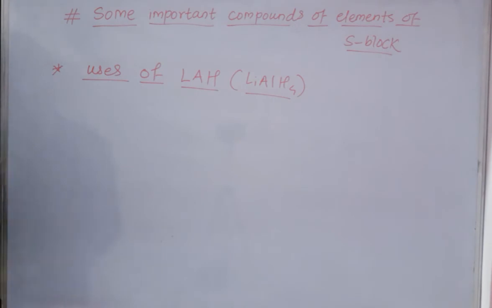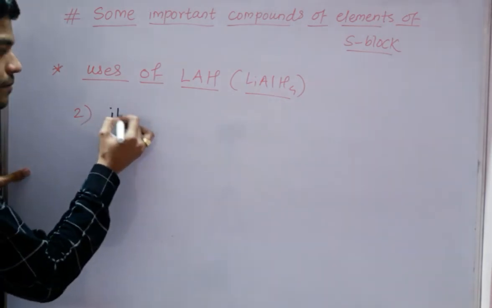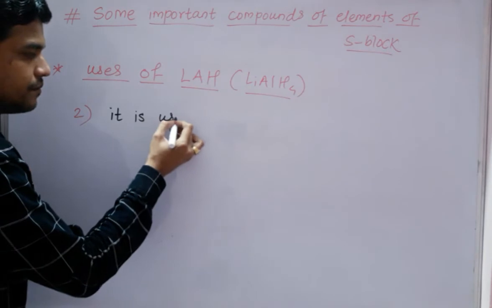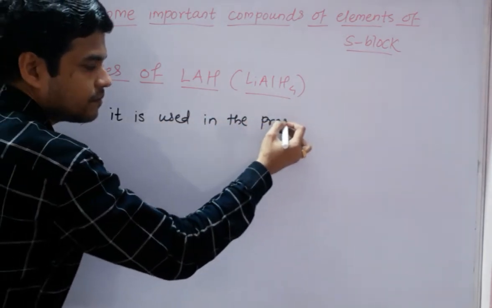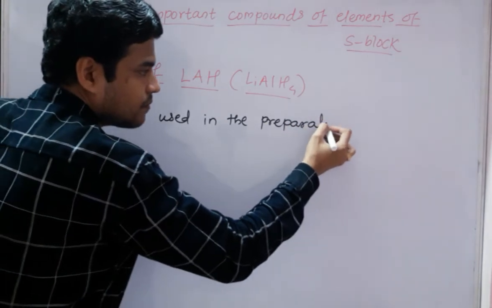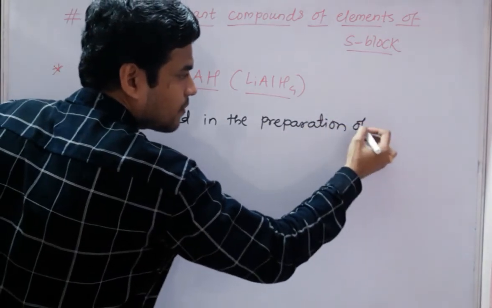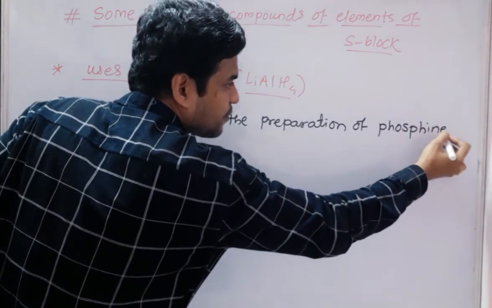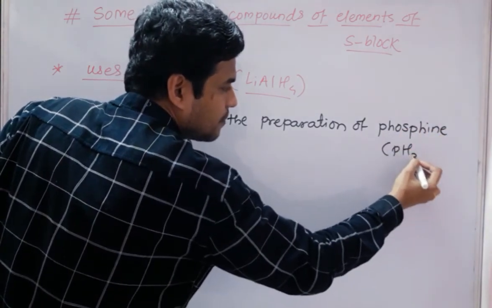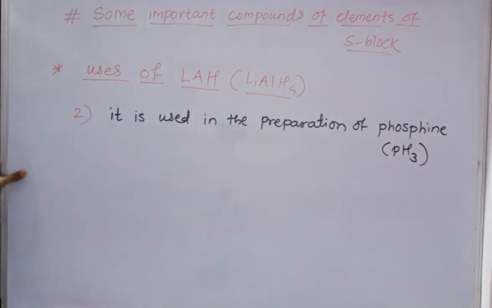Now second use of LAH. It is used in the preparation of phosphine. What is the formula for phosphine? PH3. Okay, how it is prepared?